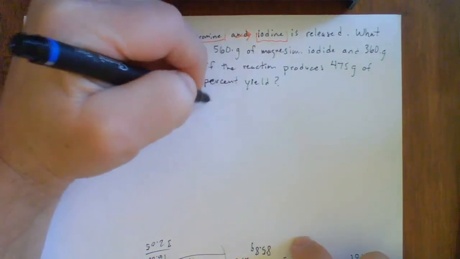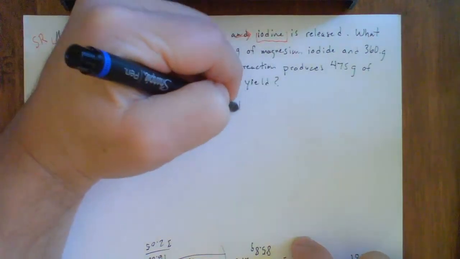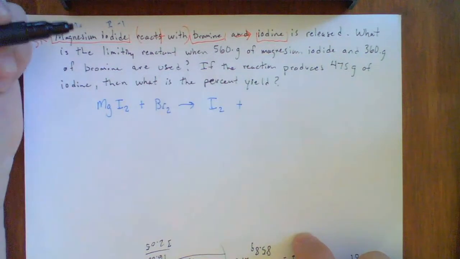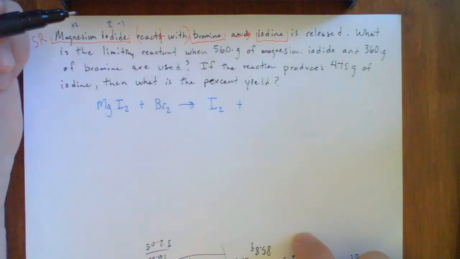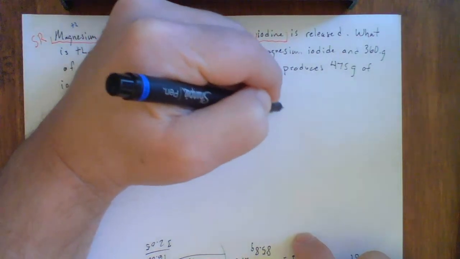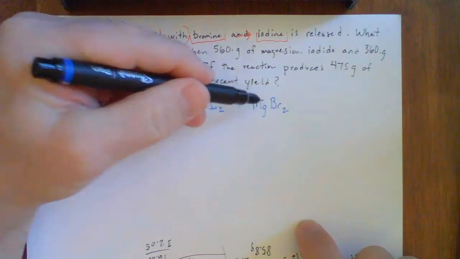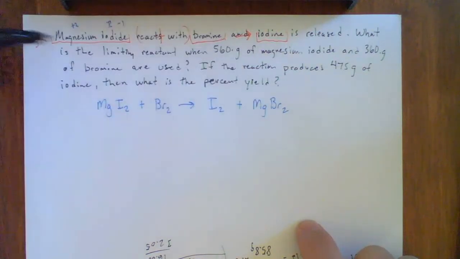That's going to form our iodine, another diatomic. And then we're going to make some magnesium bromide, MgBr2. So there's our single replacement reaction. We'll check to balance it. Looks like everything actually balances well, so we're good to go there.